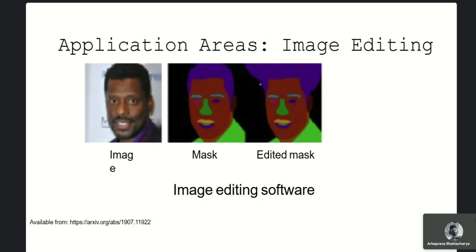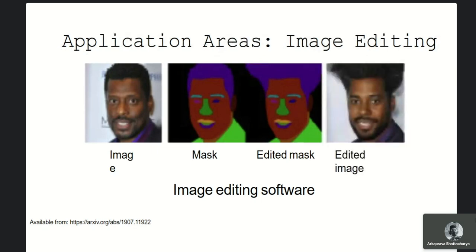So what you can see is we have changed this mask of hair of this person, and using this we can now generate an edited image of this person. The children at your home must have used such kind of image editing software on your mobile phones.